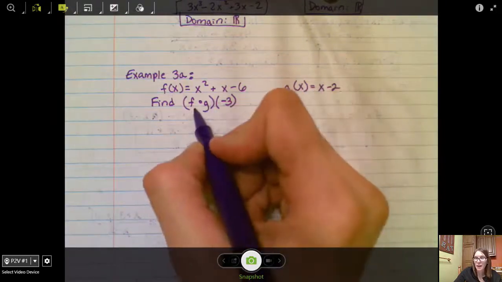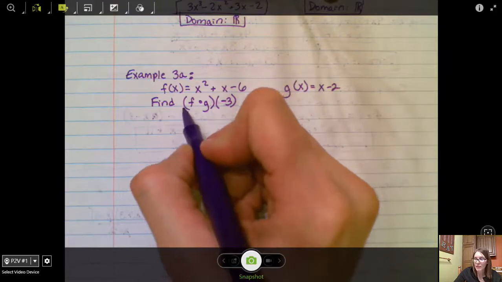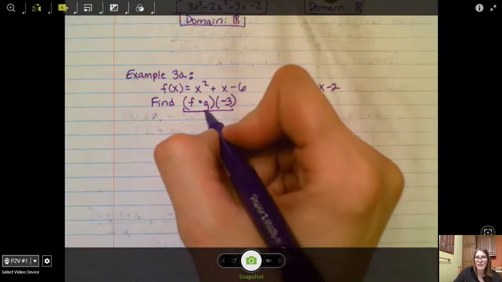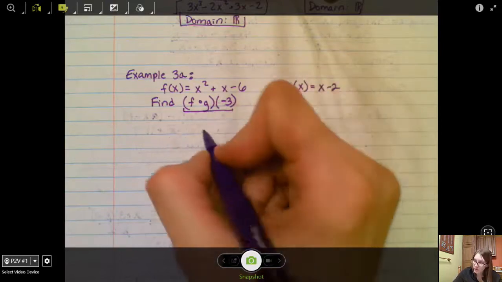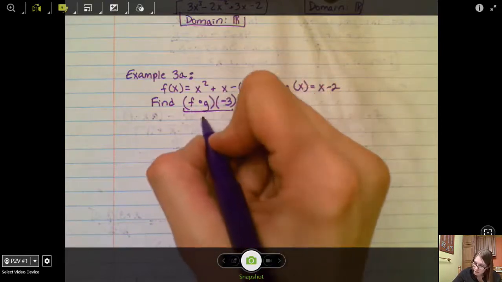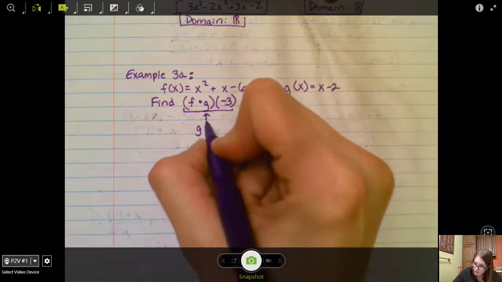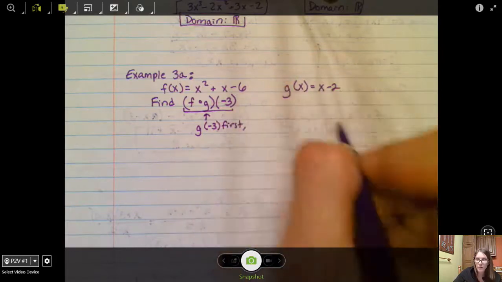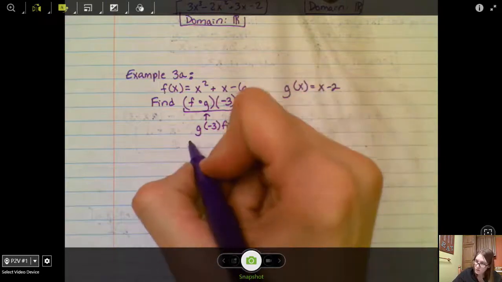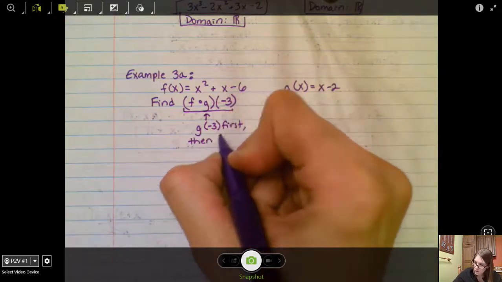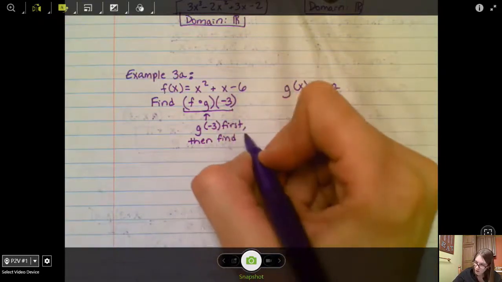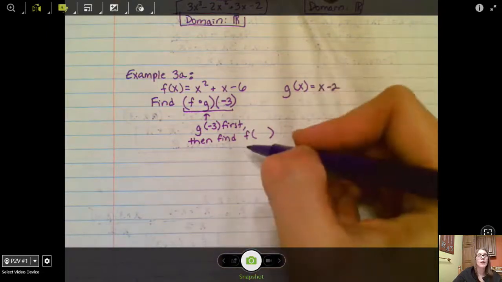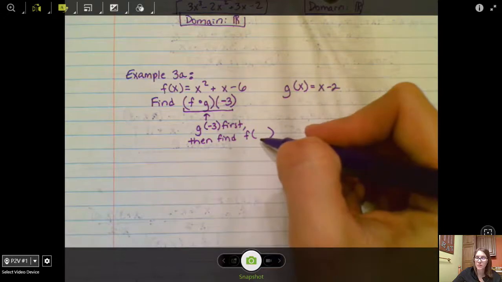Okay, now this composition symbol, what this as a whole really means is we're going to take g of -3 first, then find f of whatever our g of -3 was.